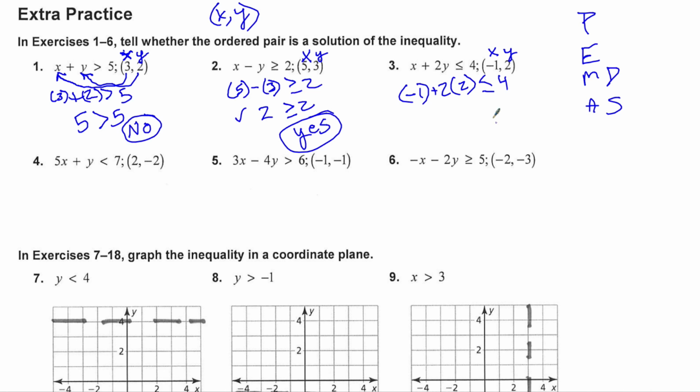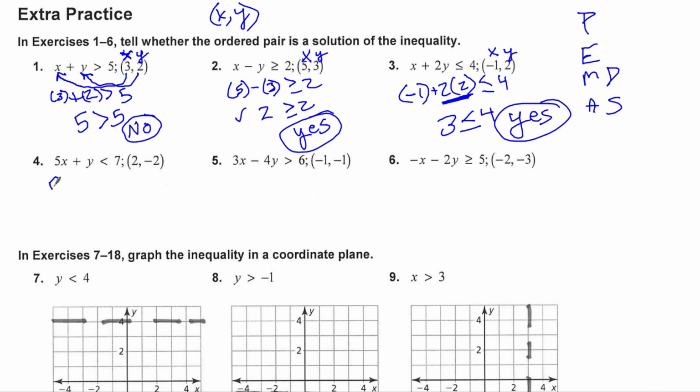With this order of operations, we have to do the multiplication first. What's 2 times 2? That's 4. Then what's 4 plus a negative 1? That would be 3. Is 3 less than or equal to 4? That answer is correct. So it is part of the solution.